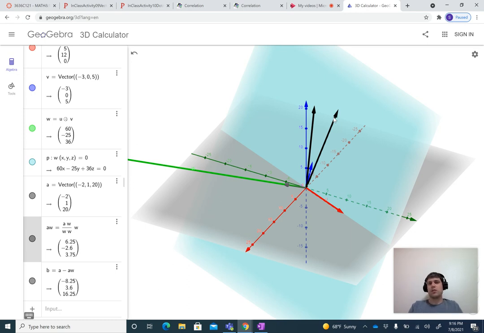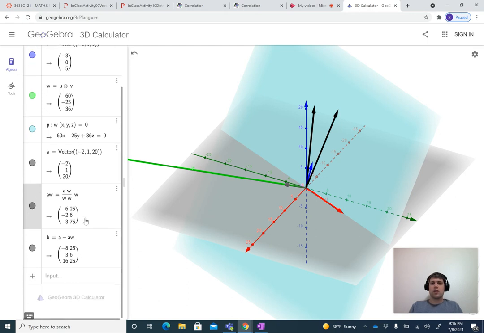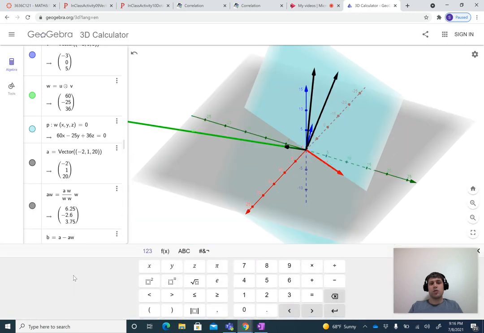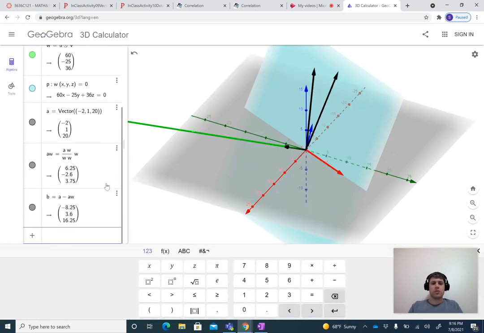So this is one of the nice applications of vectors. And there's more. If you take a linear algebra course, you will learn way more applications of vectors, and computer science especially is full of algorithms relating to vectors.